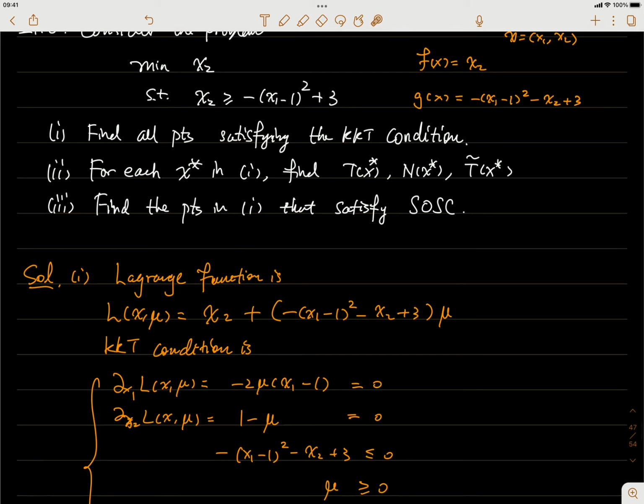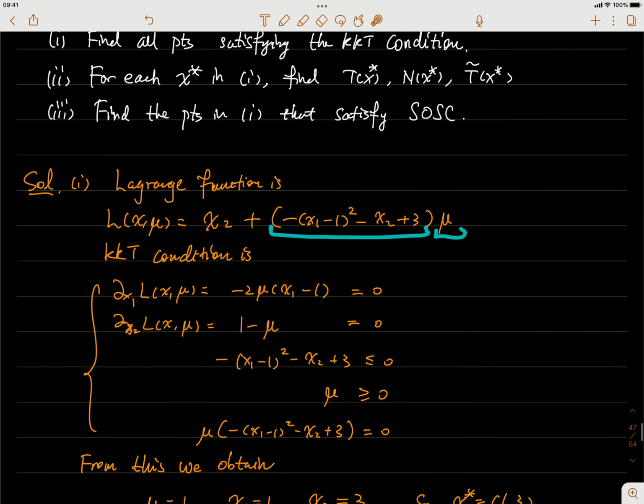So the Lagrange function is f of x plus mu times g of x, where this is g and this is the mu. The KKT condition is to compute the gradient of L with respect to x, essentially the partial derivatives of L with respect to each of the variables x1 and x2.